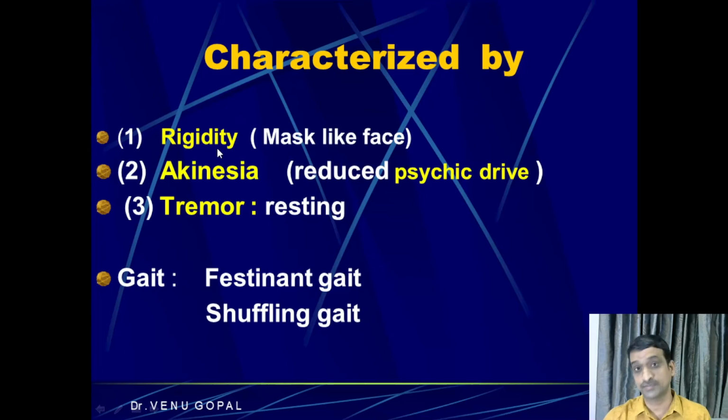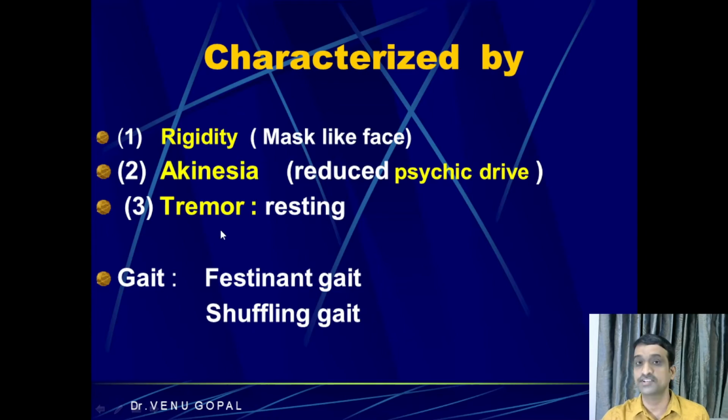Rigidity of much of the musculature of the body, as well as if it involves the facial musculature, it will result in a mask-like face. That you have to mention and highlight. Then akinesia means serious inability to initiate any motor activity. That means the cognitive control or cognitive initiation or psychic drive is lost because dopamine is not there.